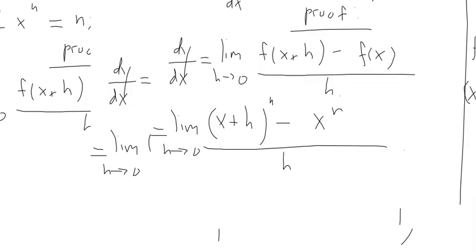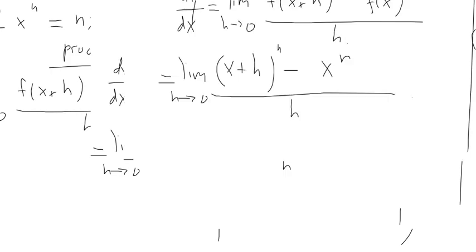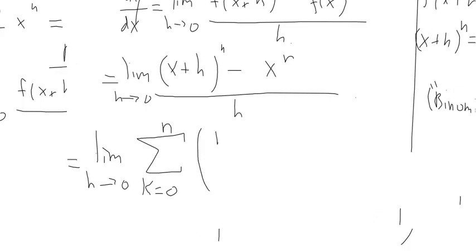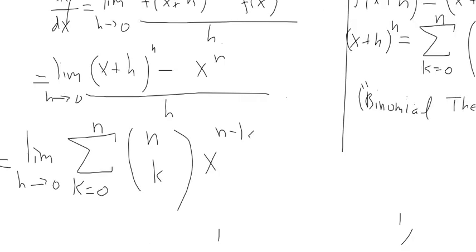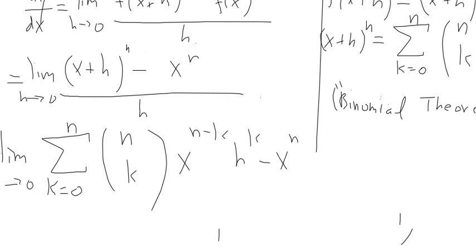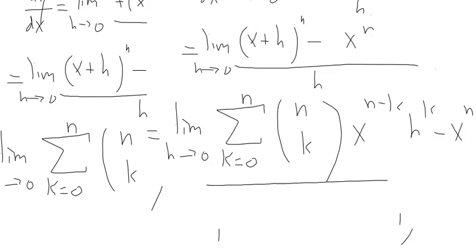And since x plus h all to the n is given by the binomial theorem, this becomes the limit as h goes to 0 of the summation from k equals 0 to n of n choose k of x to the n minus k times h to the k, minus x to the n, all over h.